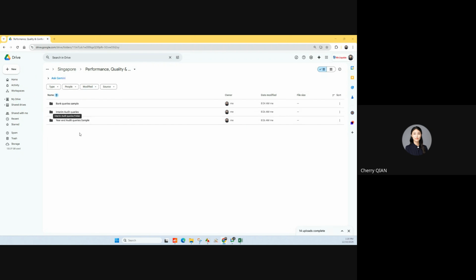For the audit queries in Singapore in the past year, we experienced two types of audit periods. One is the interim audit queries, usually in November or December.